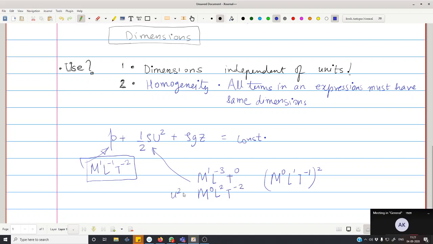So this is u square, this is rho. What is the dimension of rho u square? M L to the power minus 1 T to the power minus 2. So there you go. Rho u square has the same dimension as pressure. Don't worry about this constant, because a constant by definition is dimensionless, right?